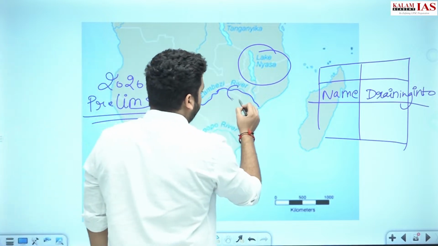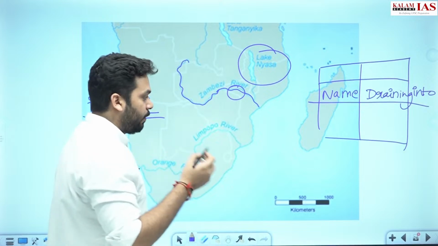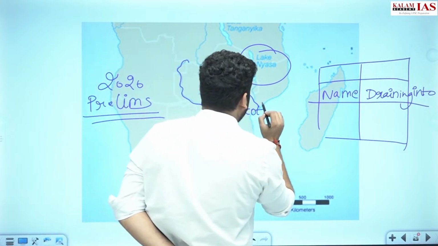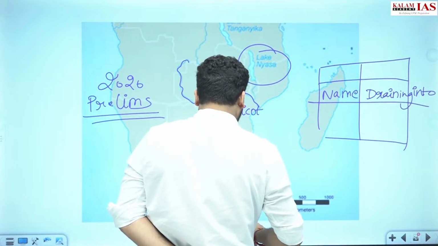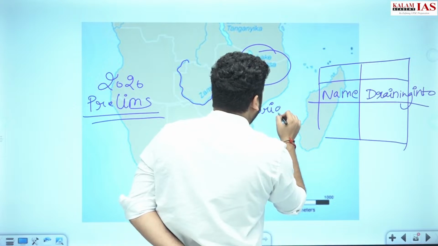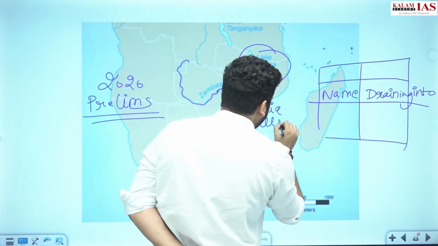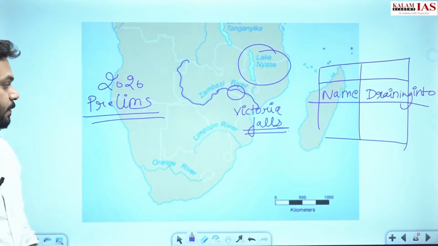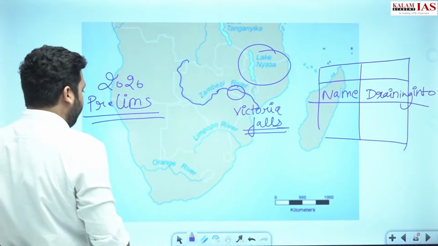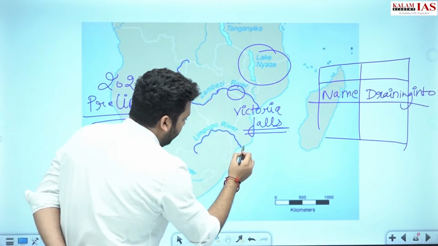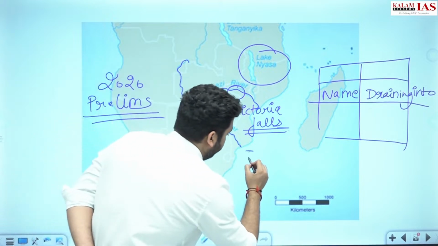Very important, the highest waterfalls, Victoria Falls, are on the Zambezi river. Then we have river Limpopo, which is also draining into the Indian Ocean.